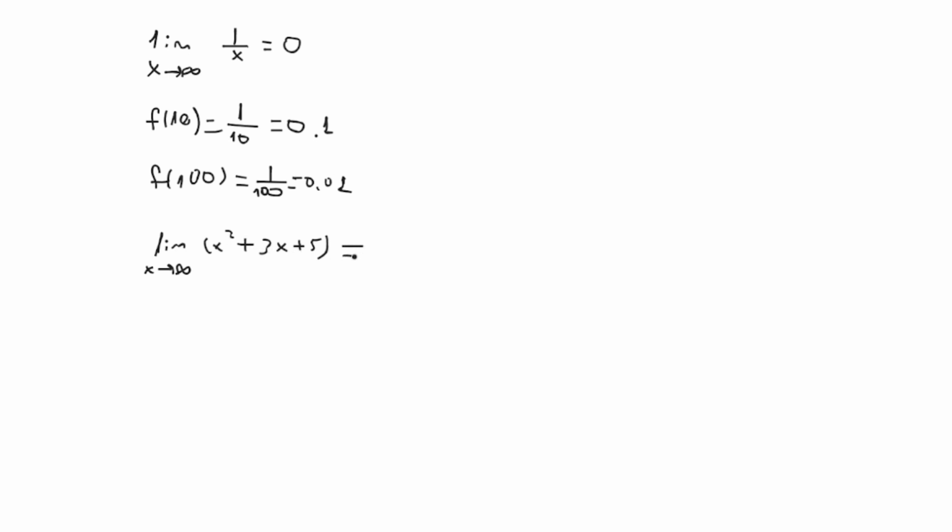Thus we say that this is equal to the limit when x is approaching infinity of x squared. And now we can simply see that the limit of x squared when x is approaching infinity is also infinity. Now let's look at another example.